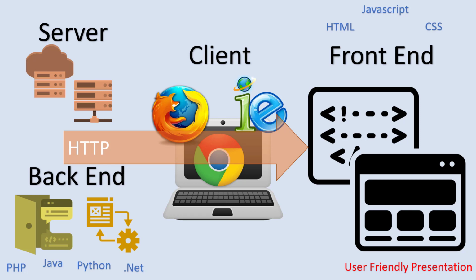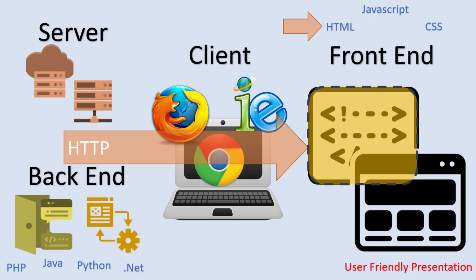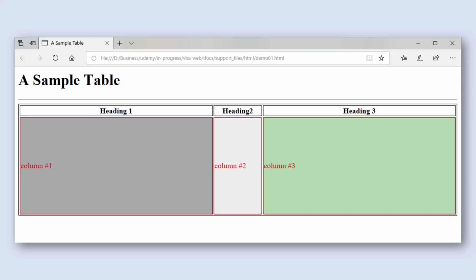Now, what is important for us in all this process is to focus on the HTML document, which also includes JavaScript and CSS. Basically, this is what you see in the browser. As you can see here in the address bar, you have demo01.html.